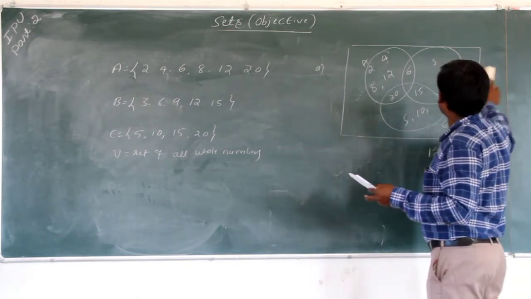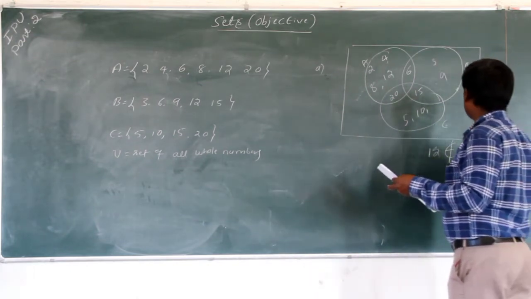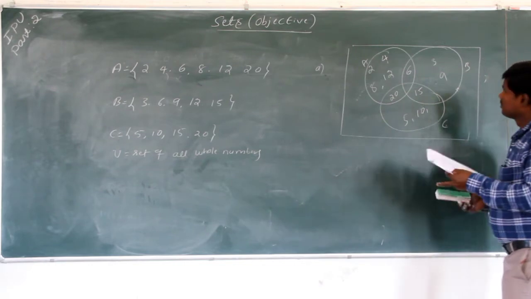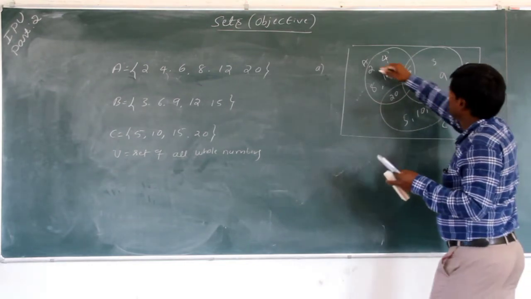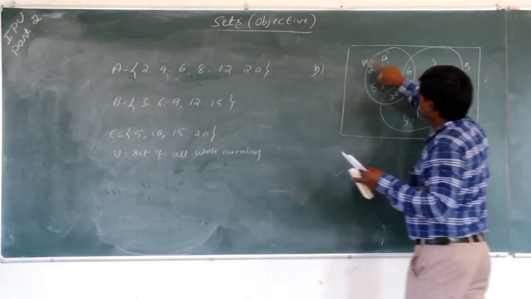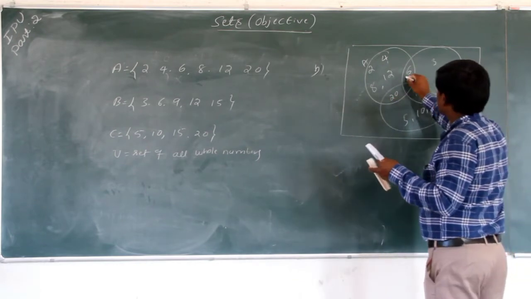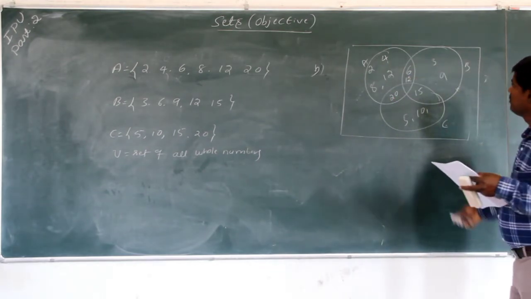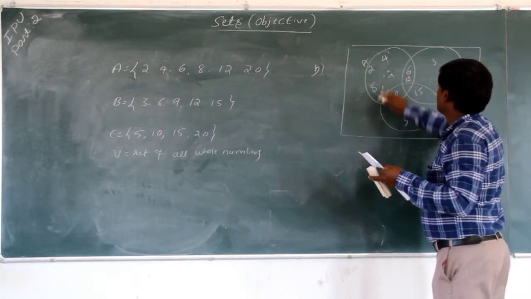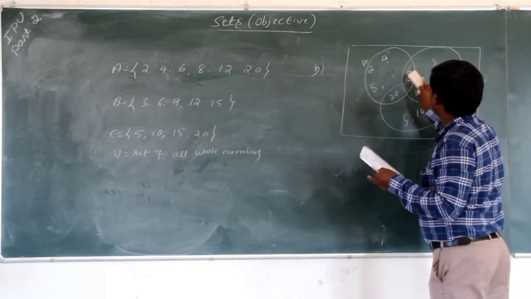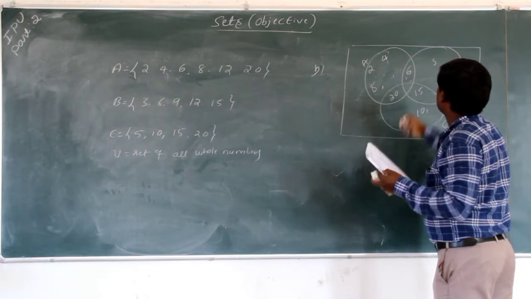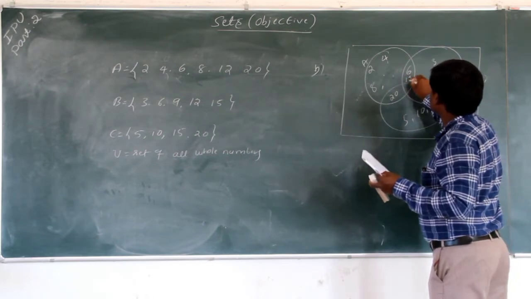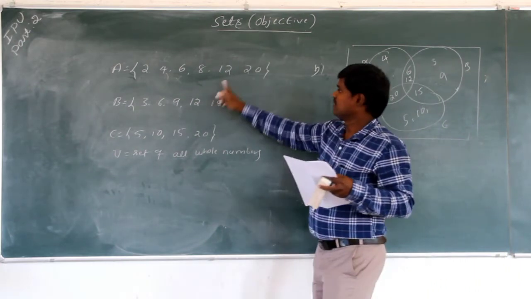Next we shall move to option B. So the diagram in option B has 2, 4, 6, 8, 20, 6 and 12. Now observe, 12 is taken here since 12 belongs to both sets.